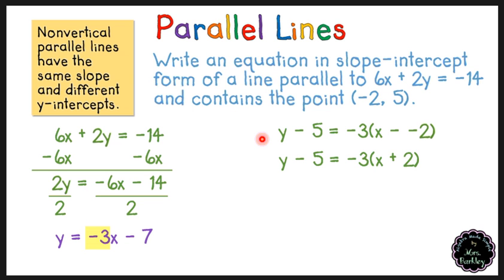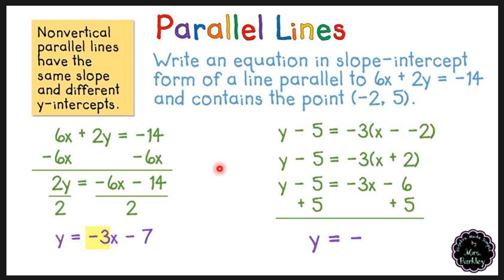We could also write this as y minus 5 equals negative 3, and in parentheses x plus 2. So the opposite of negative 2 is positive 2. In our work here, we would distribute this negative 3, so we would have y minus 5 equals negative 3x minus 6. Add 5 to both sides, and our equation of a parallel line would be y equals negative 3x minus 1.